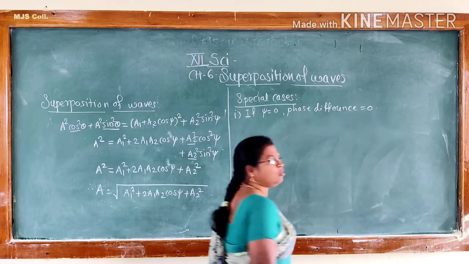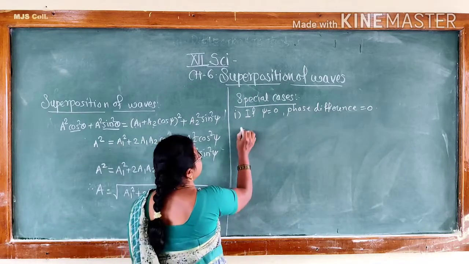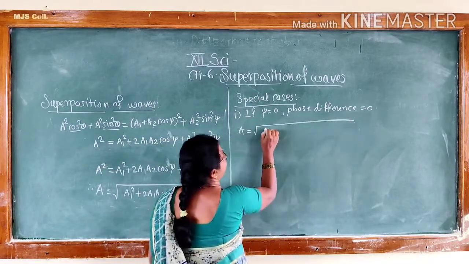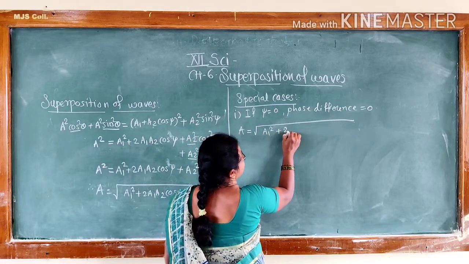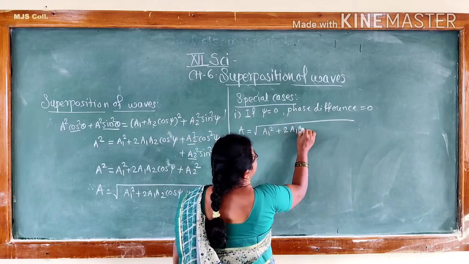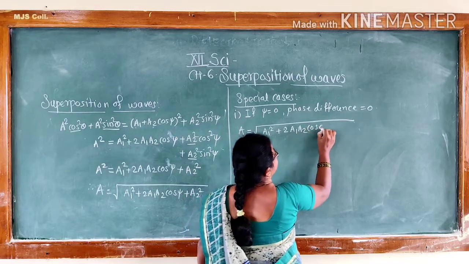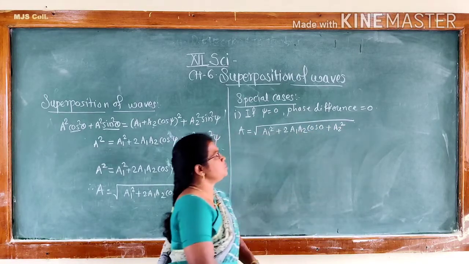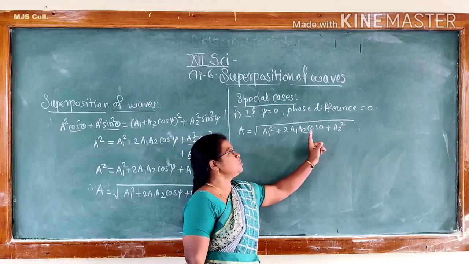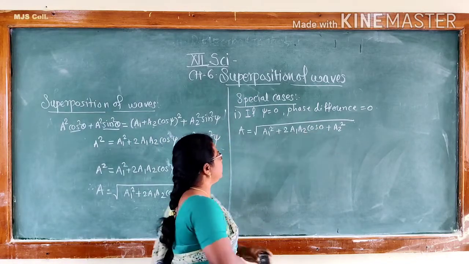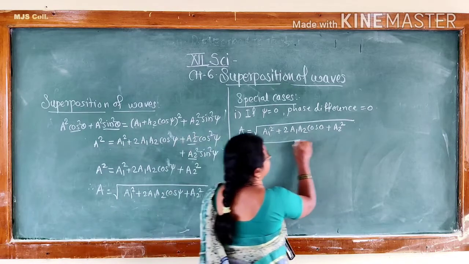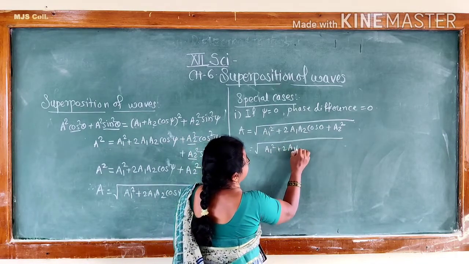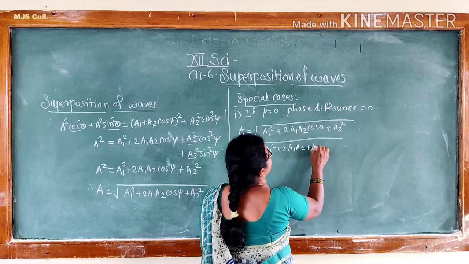Then what's the value of amplitude? That is A equal to the square root of A1 square plus twice A1 A2 cos 0 plus A2 square. So what's the value of cos 0? Since cos 0 is equal to 1, we get the square root of A1 square plus twice A1 A2 plus A2 square.